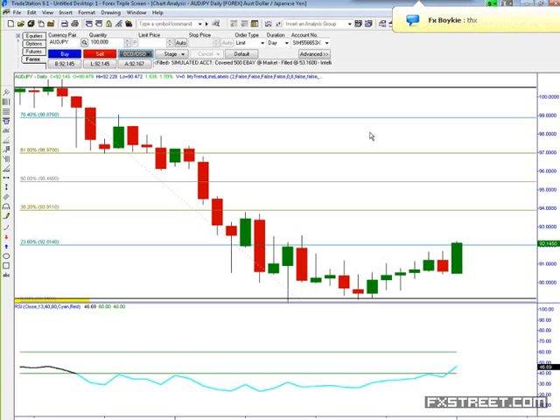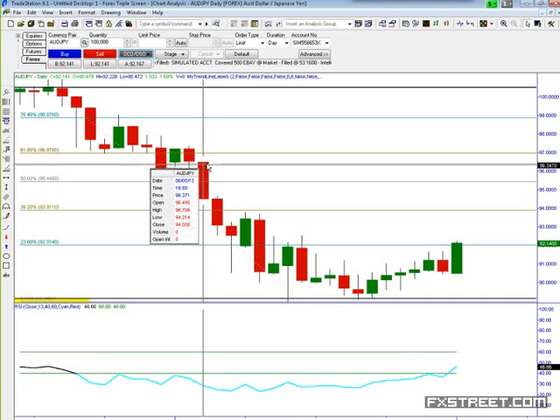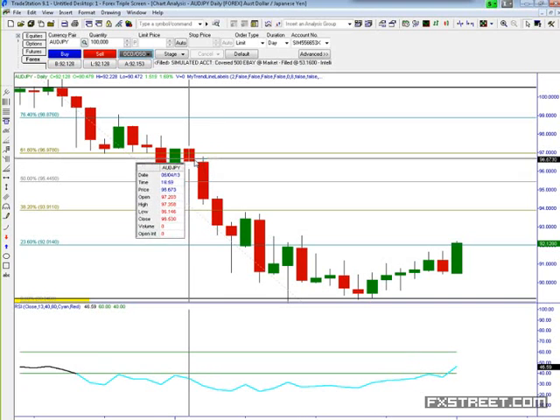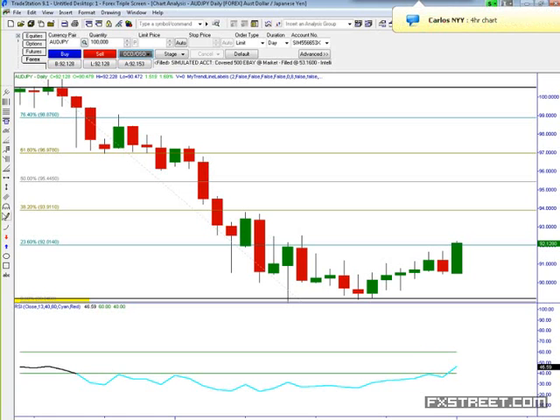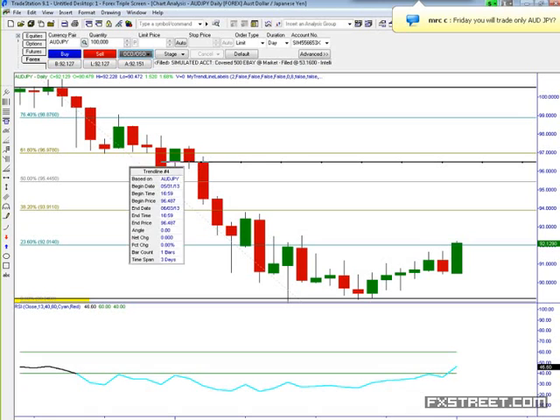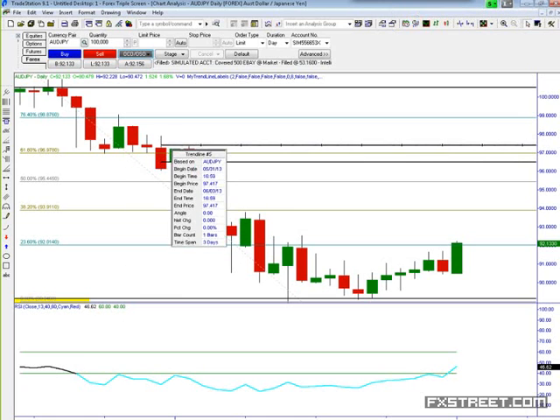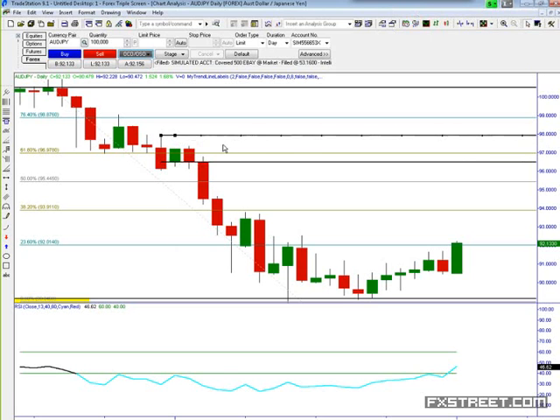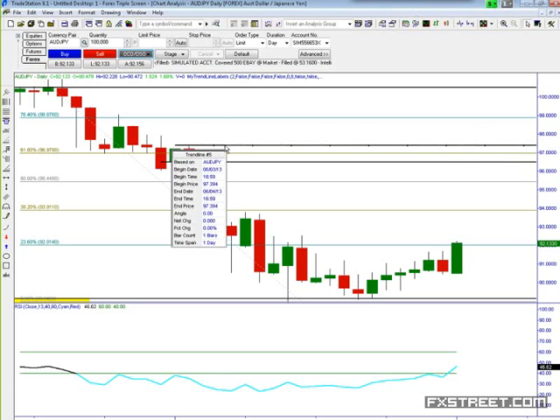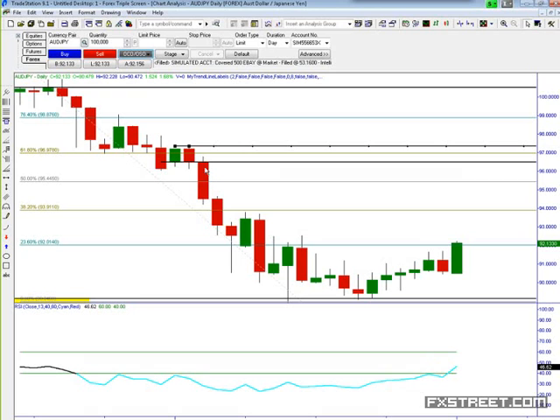Would I consider 96.58 an area of supply? Well, the area of supply I would mark off. Oh, it's on a 4-hour chart. Yeah, on this particular time frame, I'd be using these spacing candles that we had here, and probably that. Yeah, actually, this right here, and that's the start of the move down.